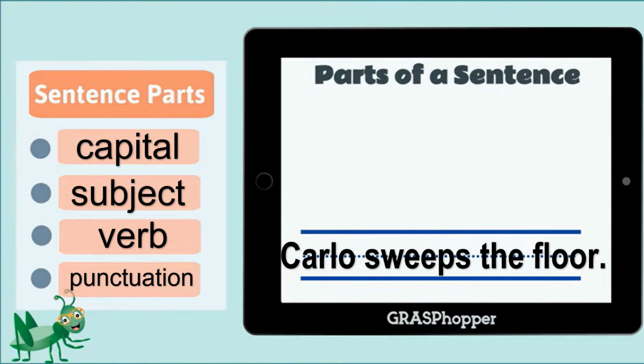Let's recall again what are the other parts of the sentence. In this example, Carlos sweeps the floor. The capital letter is C. Remember, the beginning of a sentence starts with a capital letter just like in Filipino and mother tongue. Ang unang letra ng pangungusap ay kailangang nagsisimula sa malaking letra or capital letter.